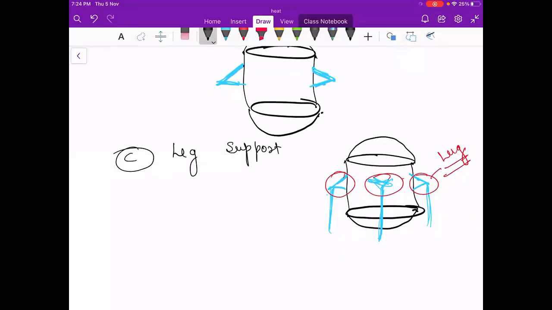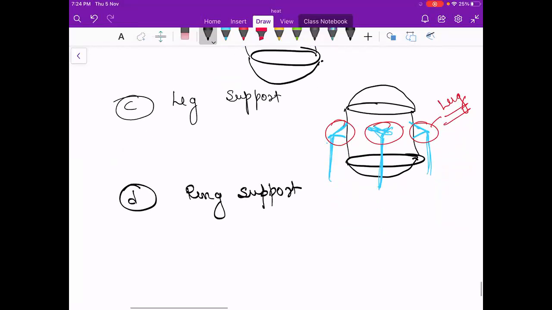And sometimes directly, you have seen the fire extinguisher is placed on ring support. So how will ring support be there? It will be like this. Your equipment is inside that.